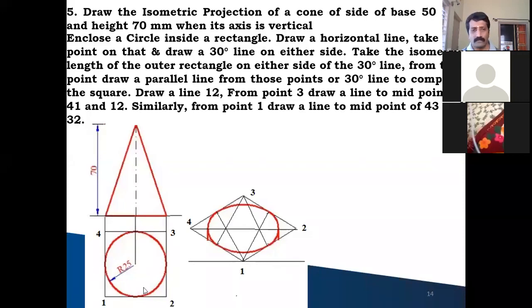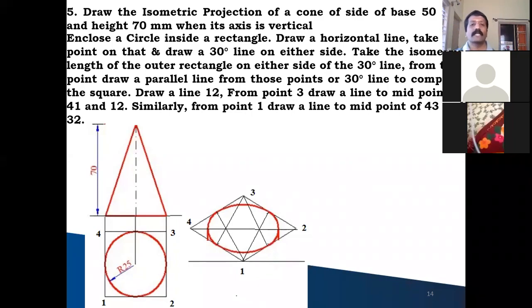The box you are enclosing is a perfect square of 50 millimeter, so 1 to 4 and 1 to 2 distances are the same. You take this distance and convert it into isometric scale. From 1 as the center, you cut the right side 30-degree line and call that 2. Similarly, from 1 as the center, you cut the left side 30-degree line and call that 4.